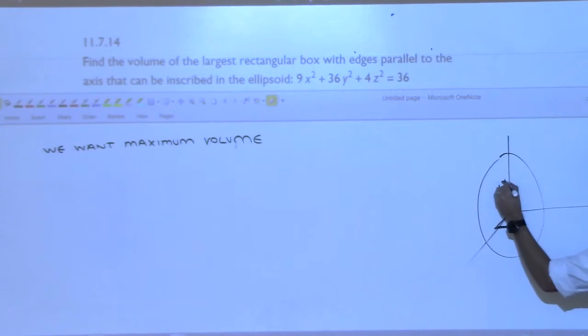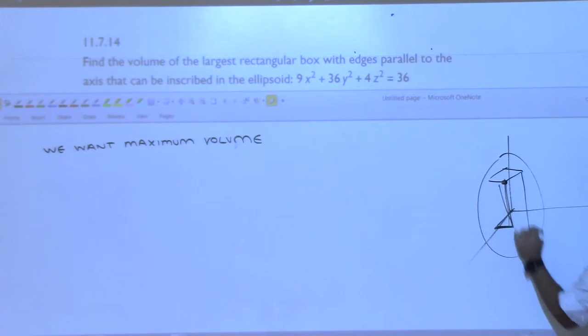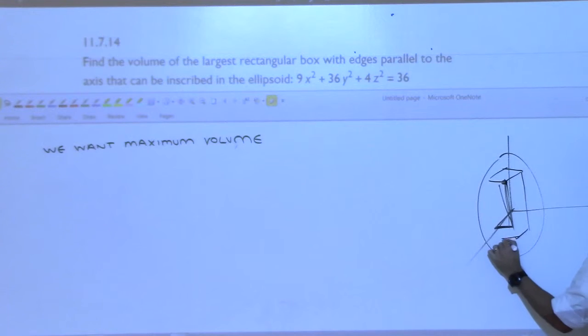But if this point right here, why don't we make that point the corner of our box? All right? Make that point the corner of our box. Then our box would be drawn in here and look something like this. Do y'all kind of see that? It's important that you see this.